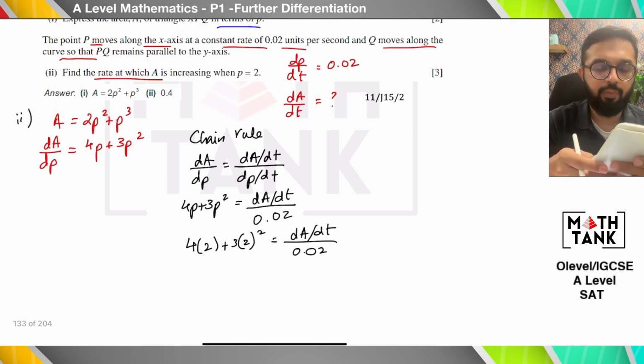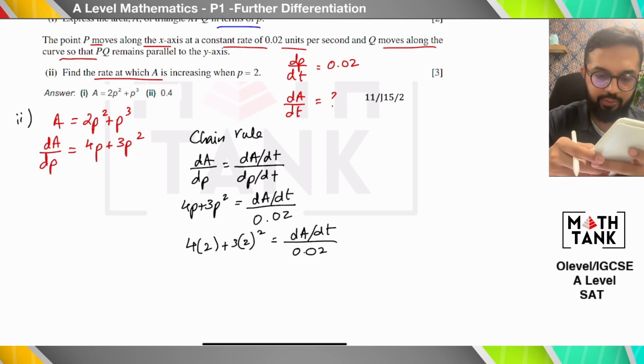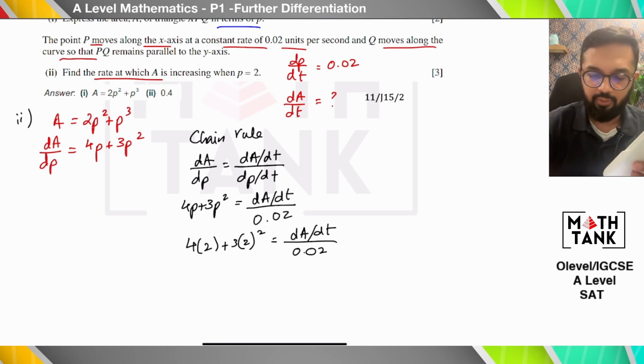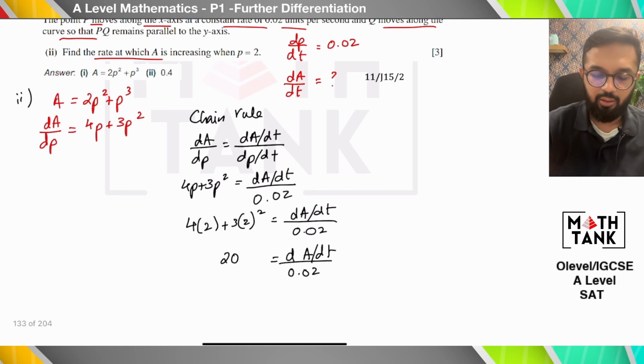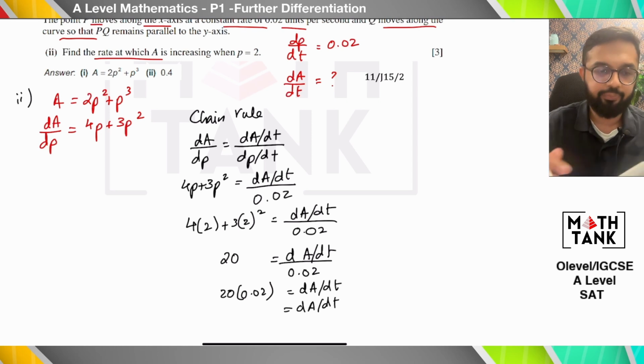So what do I get from here? 8 plus 12, 20. So I get 0.4.